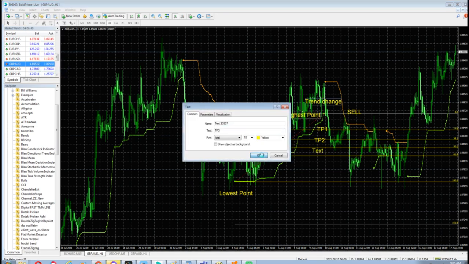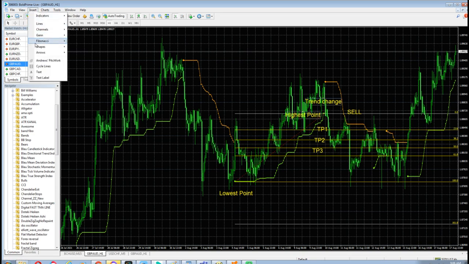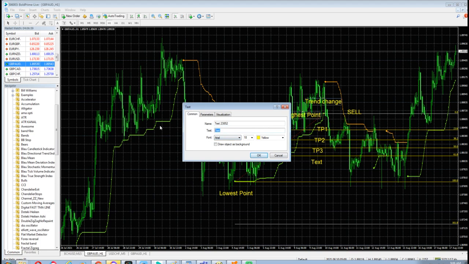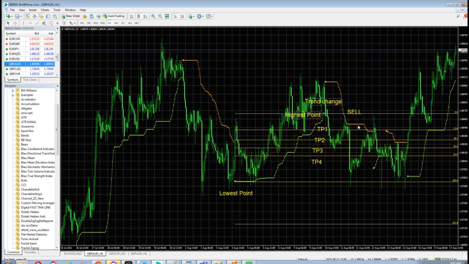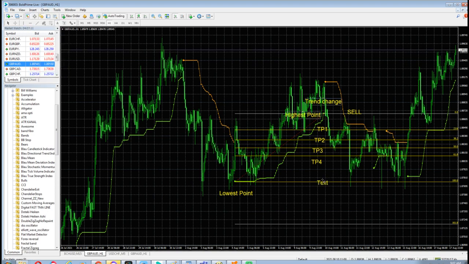The previous TP2 is set as the new SL. The same procedure is taken in determining TP4 and TP5. If the TP is changed from TP3 to TP4, the previous TP3 is set as the new SL. And then, if the TP is changed from TP4 to TP5, the previous TP4 is set as the new SL.